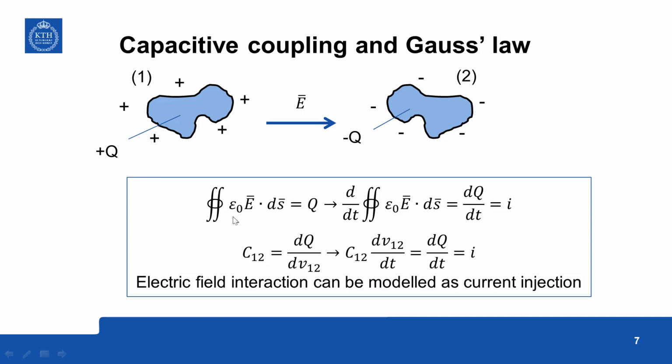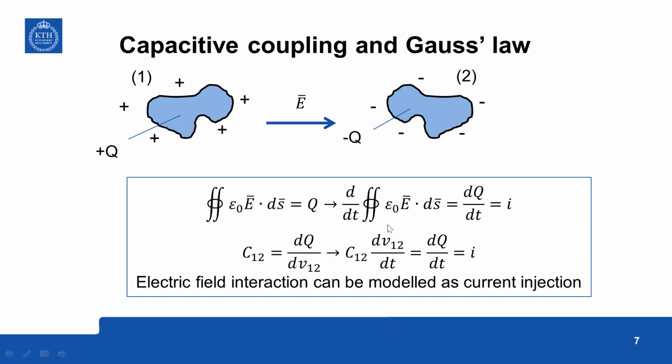And if you take the rate of change with respect to time on both sides, this is equal to dq by dt, which is equal to I.